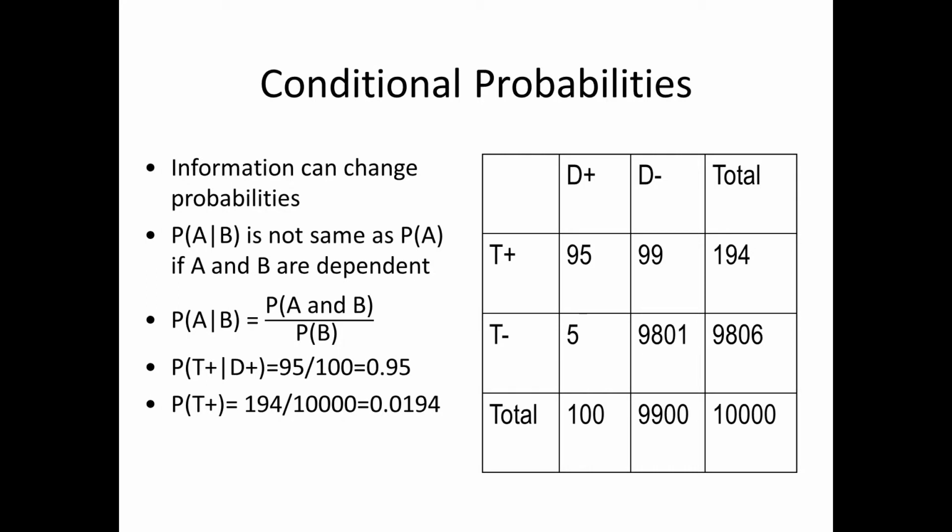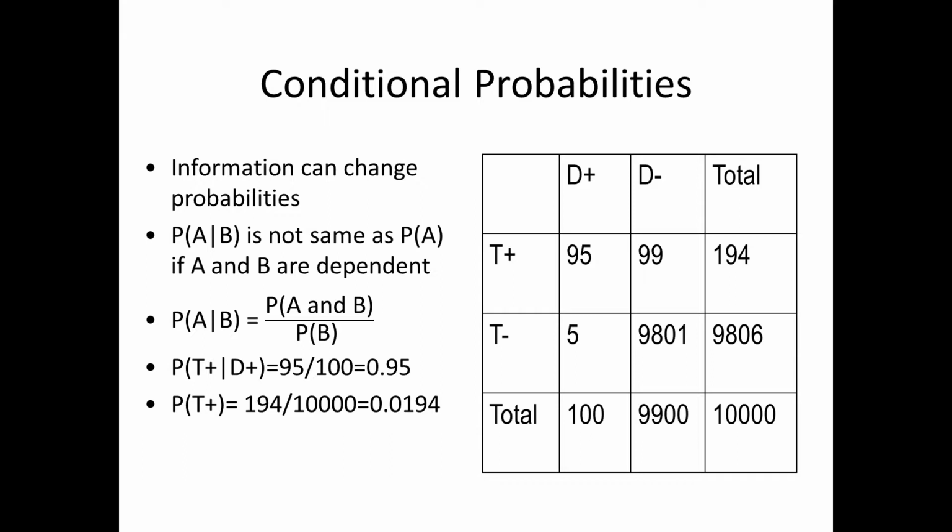Now let's look briefly at conditional probabilities. It turns out that information can change probabilities, and that's going to be a really powerful tool, a very useful idea for us to keep in mind doing risk assessment. But looking at the second bullet, let's look at the syntax now: the probability of A, and that vertical line is read as given that.